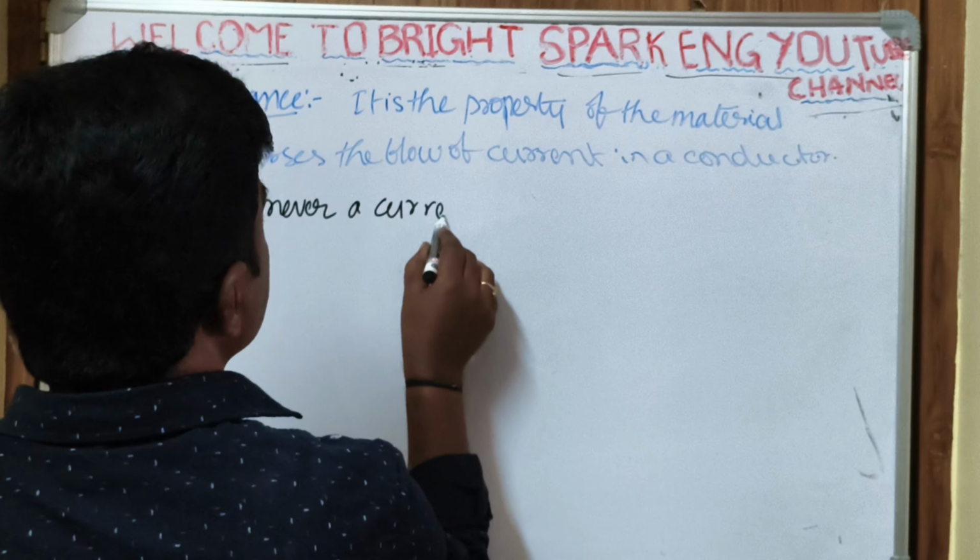Here G is conductance. The reciprocal of resistance is conductance. Okay. Next.